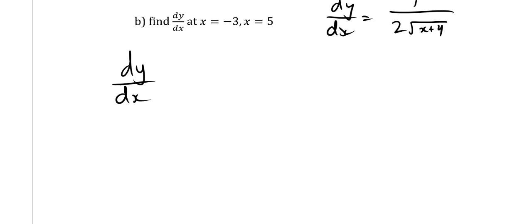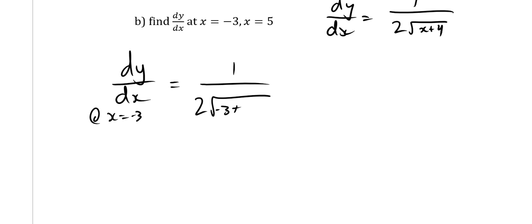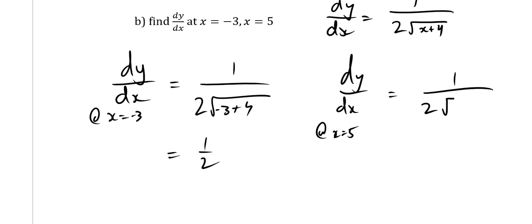There's a few different ways to do it, but I'm just going to say at x equals -3 just below. So equals 1 over 2 square root of -3 plus 4. So that's 1 over 2 times the square root of 1, which is 1/2. And so that's the square root of 9, which is 3, times 2, which is 6. So there you go. That part, hopefully, isn't going to be the hard part for us.